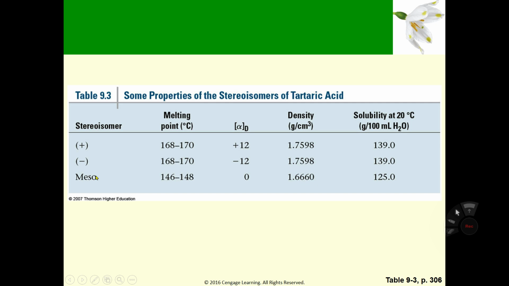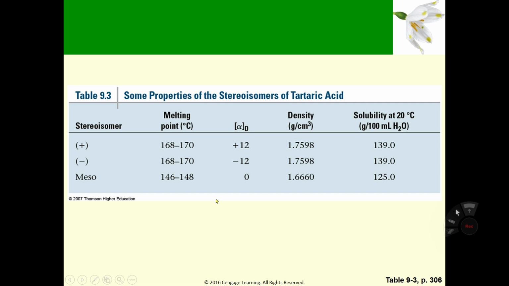Because they are not mirror images, but they have chiral centers. They have chiral centers, but the meso compound is achiral, and the enantiomers are chiral. So the relationship between the enantiomer and the meso compound will be diastereomeric. Okay. The relationships of enantiomeric, diastereomeric, and the concept of a meso compound might be a little bit complicated.